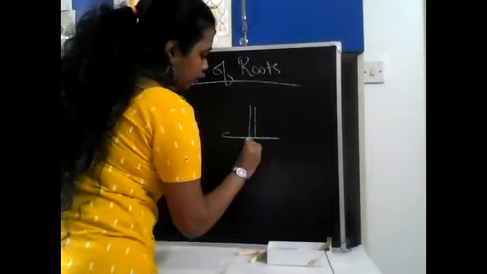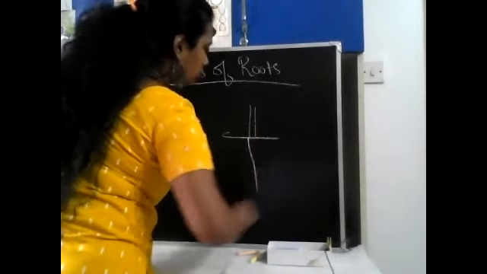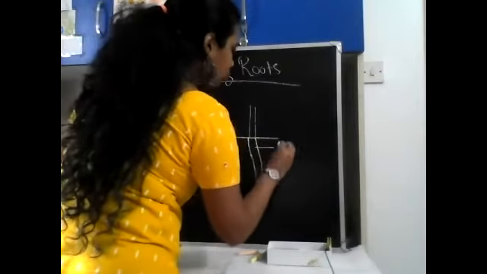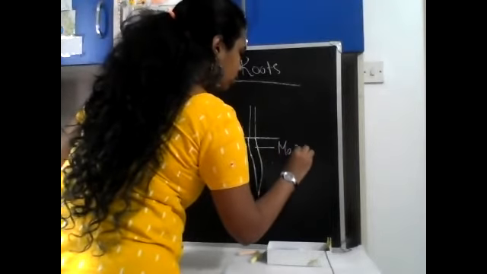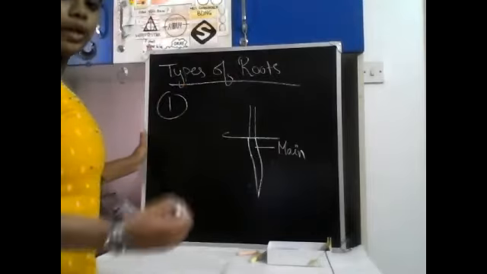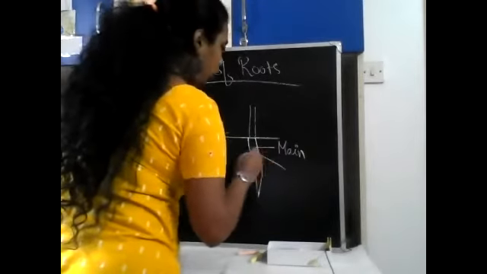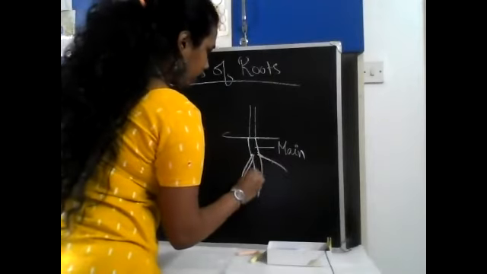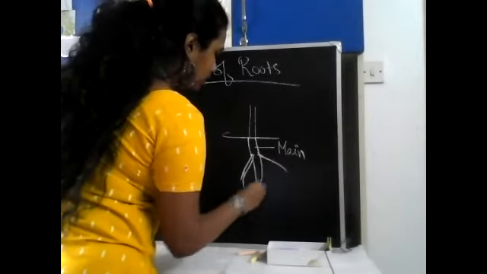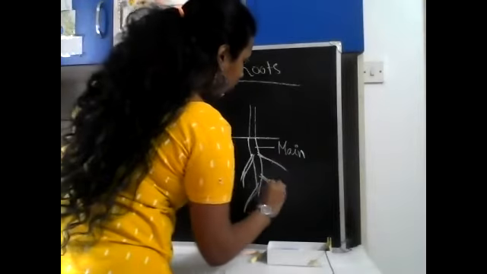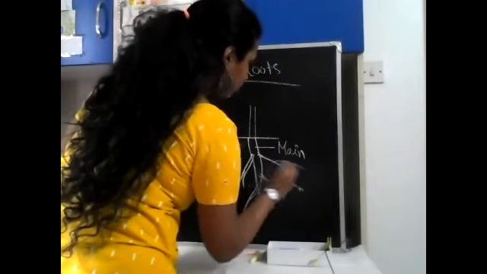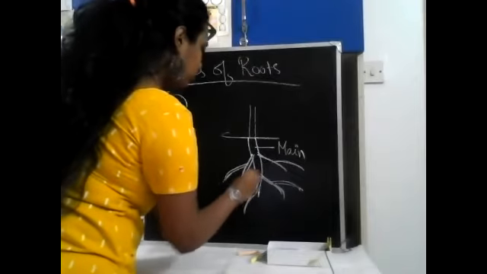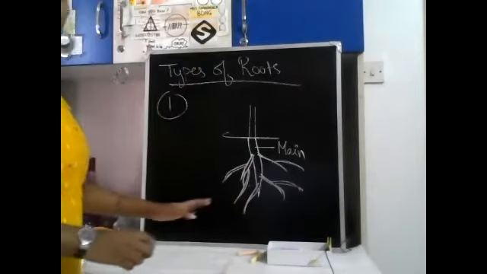Imagine if this root system comprises of one main root from which smaller branches arise. Okay, and these branches again further branch and it looks like a network.